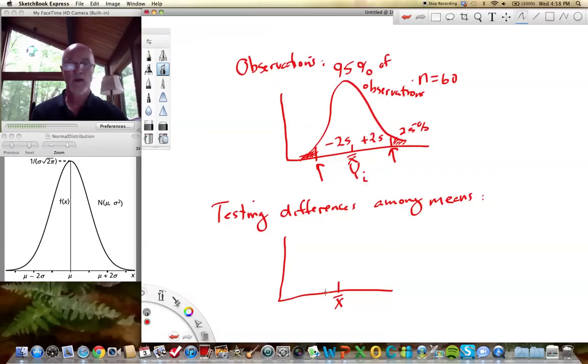Okay, so we are definitely going to have a narrower distribution, right? Because we have plus or minus 2 standard errors.